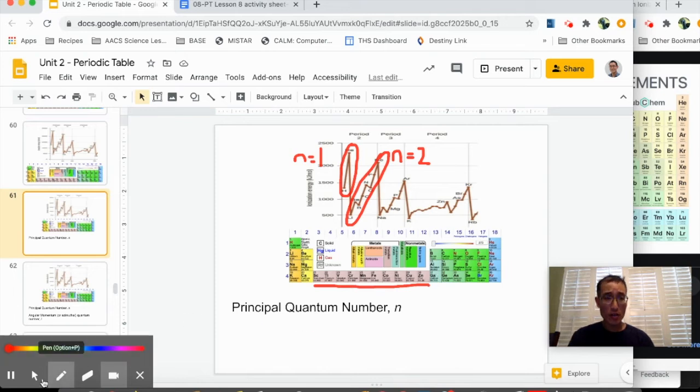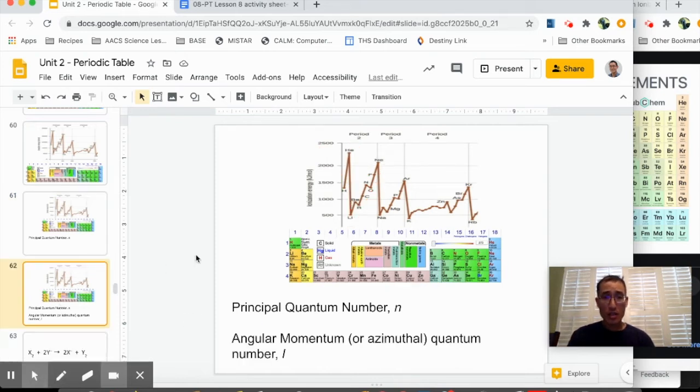What you also may have noticed is there's a trend in, if I look at the second row of the periodic table, there's these little bumps and dips along the way. So if I go lithium, beryllium, these increase, but then we have a little dip in energy between beryllium and boron. And as I go up here, there's another little dip, another little dip.